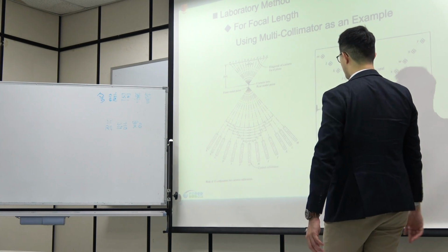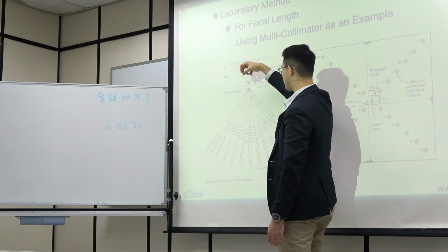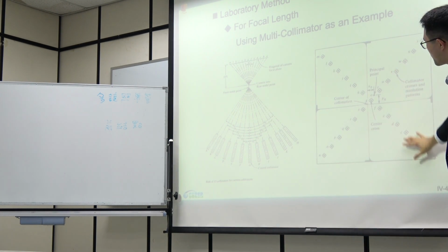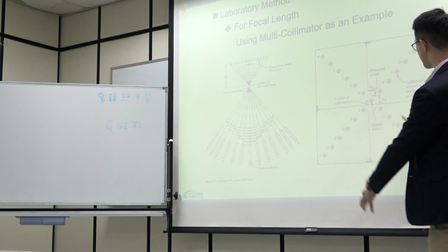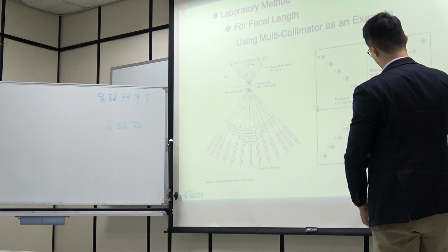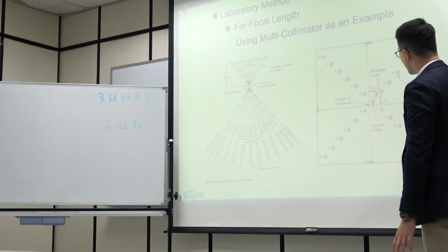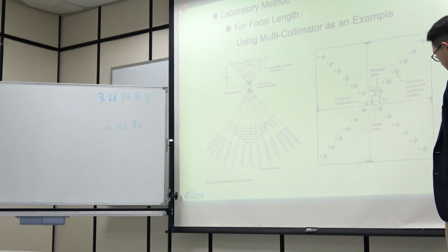So basically, if you have a camera over here and take a photo, this could be the photo that you have. Like I said, it's an instrument, and when you put your camera over there and take a photo, here is one array of the collimator, and here is another array of the collimator.